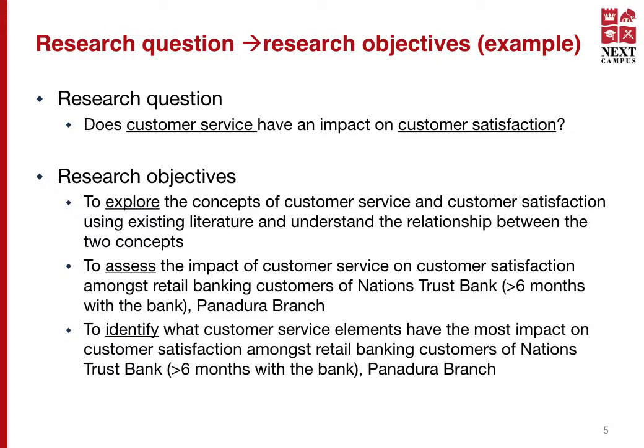Now you see here, one research question has been expanded to 3 research objectives. The first one is to look at the relationship of these two concepts in a more academic context or using existing literature. The second and the third objectives are where you plan to do the research, that is at Nations Trust Bank Panadura branch, amongst customers.